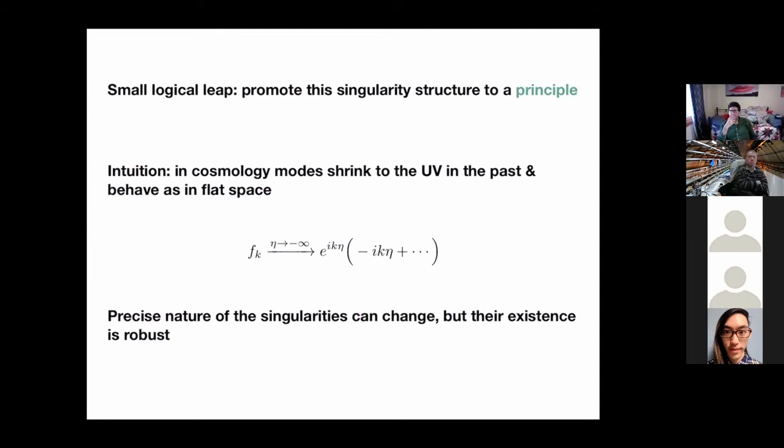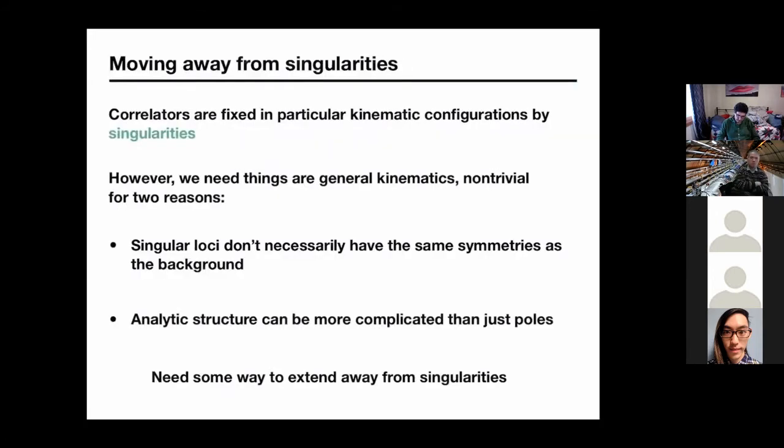Sure, yeah. Okay, but the only thing I want to emphasize, or at least give a plausibility argument for, is that you should at least expect these singularities to also be there in de Sitter correlators. And I'll show you some examples where that just is the case. Okay.